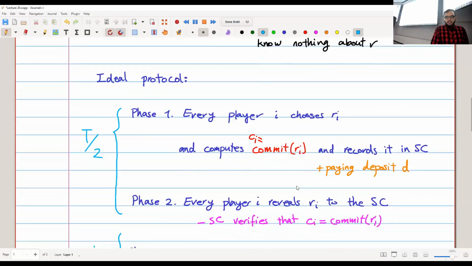And after I do that, I commit to one of them. I mean, I publish the shared commitment value. And then in phase 2, when everyone else is revealing, I again get two choices. I can reveal either x or y. So we're back to square one. We're back to where we were with basic commitment schemes.